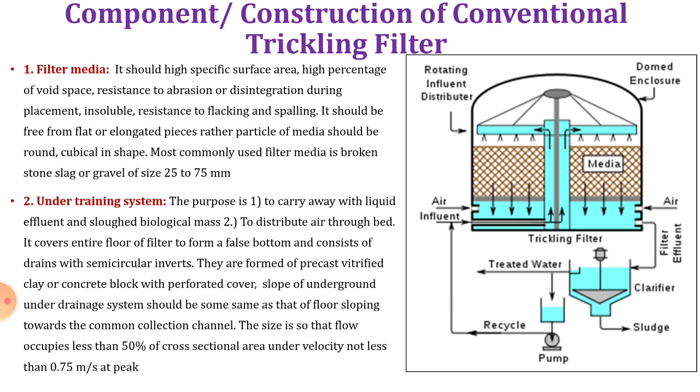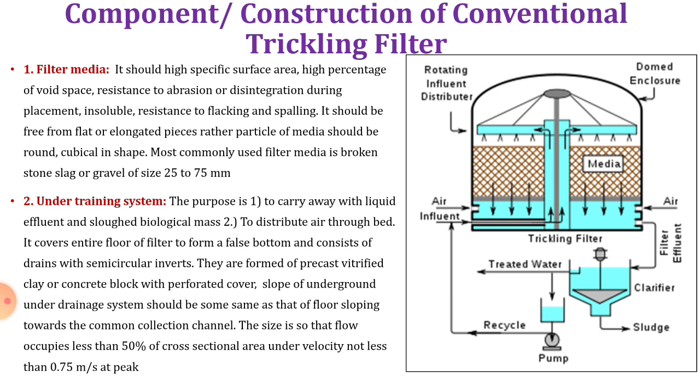They are in the form of precast vitrified clay or concrete blocks with perforated cover. The slope of the under drainage system should be the same as that of the floor slope towards the common effluent collection channel. The size is such that flow occupies less than 50% of the cross sectional area, under a velocity not less than 0.75 meter per second at peak.